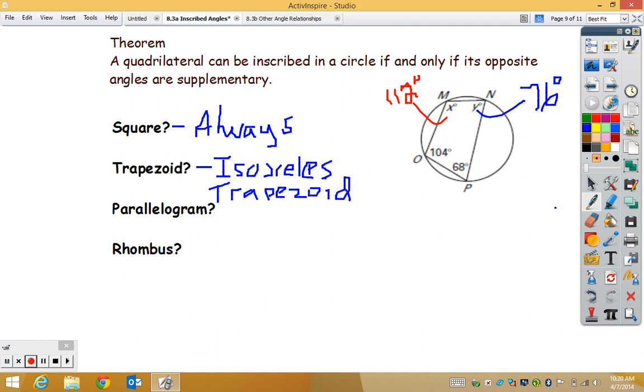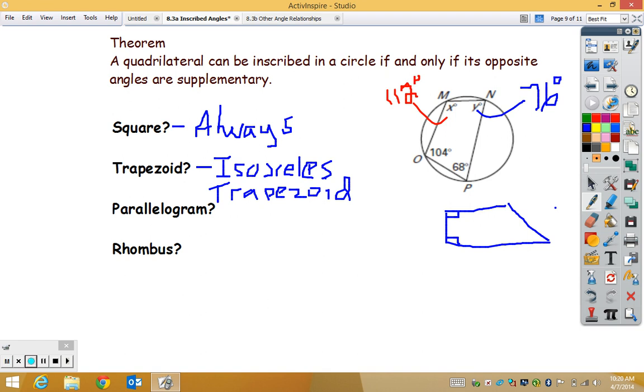Otherwise, if we had a trapezoid that looked, say, like this with our two right angles, that would not work because the opposite angles would not necessarily be supplementary, because we'd have two 90-degree angles and the other two we know are not going to be 90.